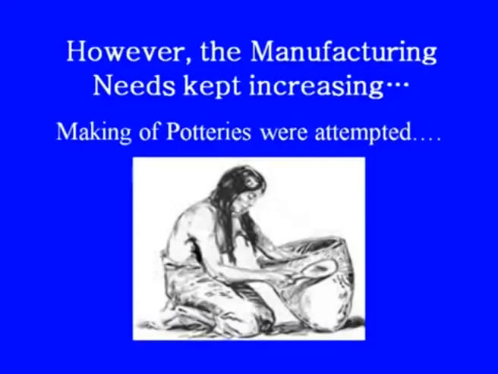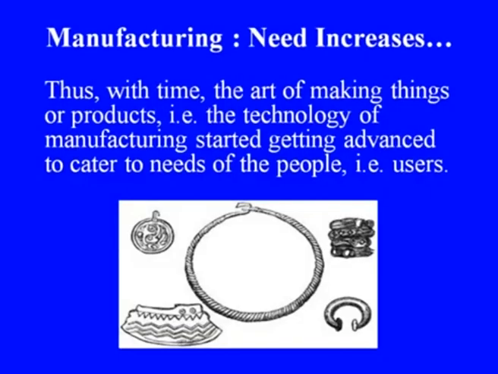However, the manufacturing need kept increasing. Making of potteries were attempted. Thus, with time, the art of making things or products, that is, the technology of manufacturing, started getting advanced to cater to the needs of the people, that is, users.